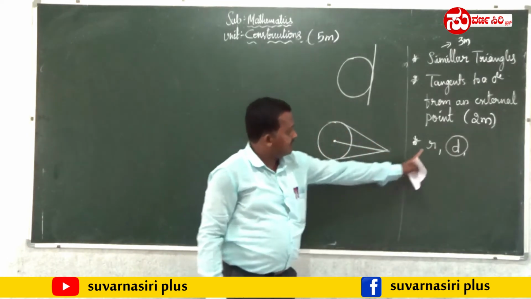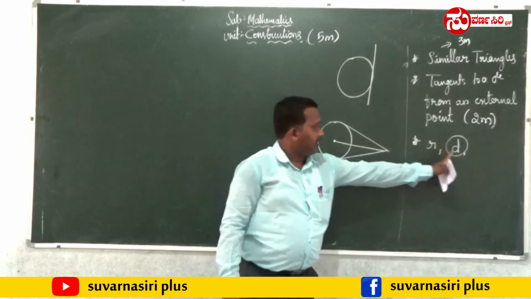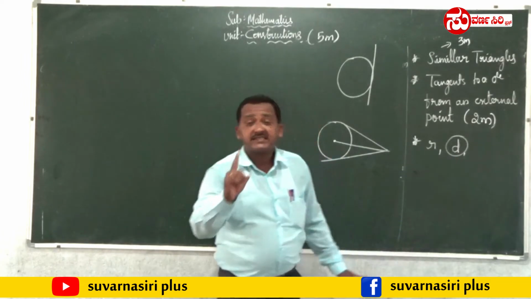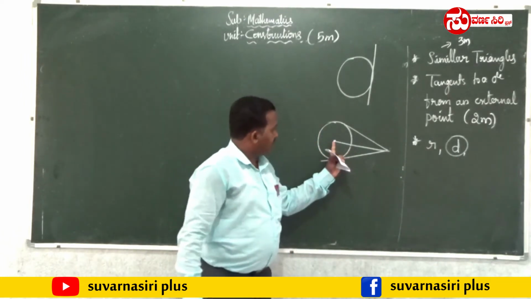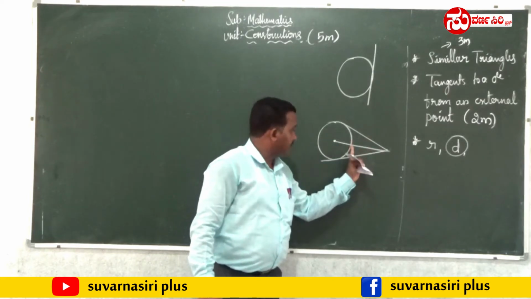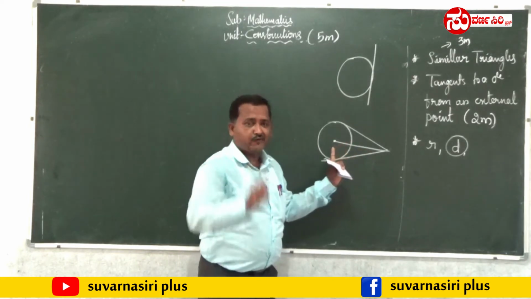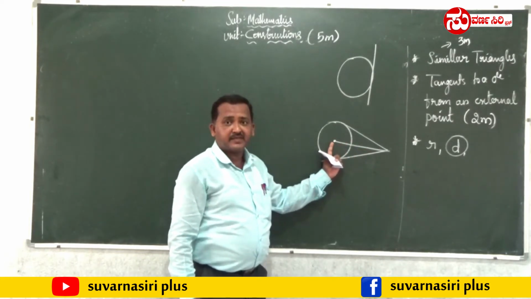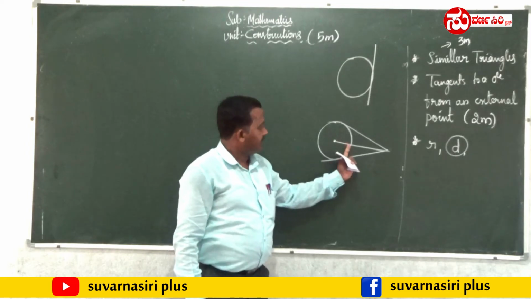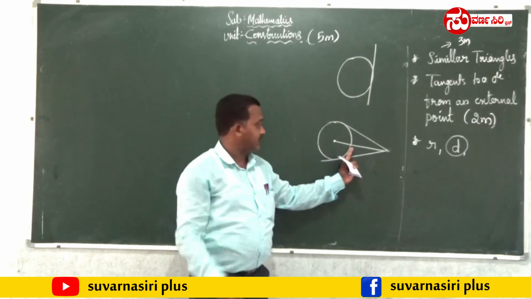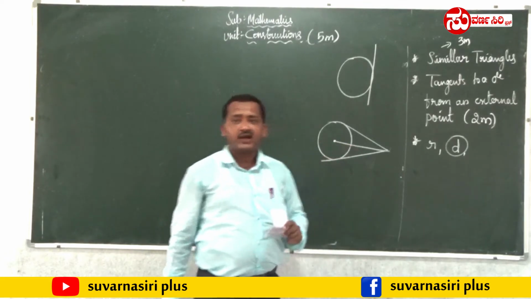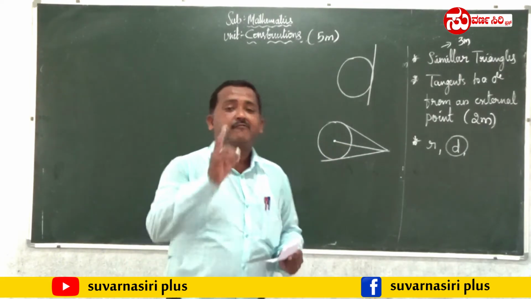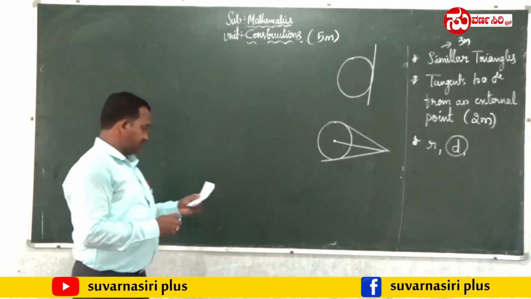One is the radius of the circle, another is the distance of the external point from the center or from the circle. If given from the center, we should take the measurement from here. If he asks from the circle, the measurement should be taken from here. So that is how we are going to do. We will learn here with an example.